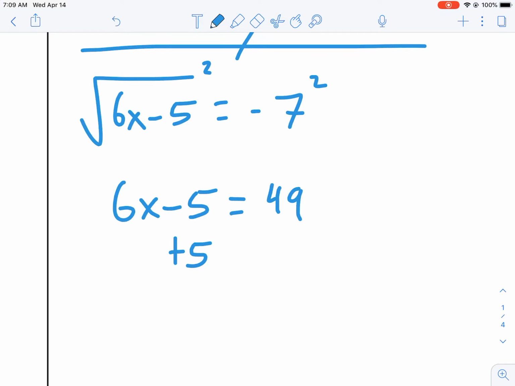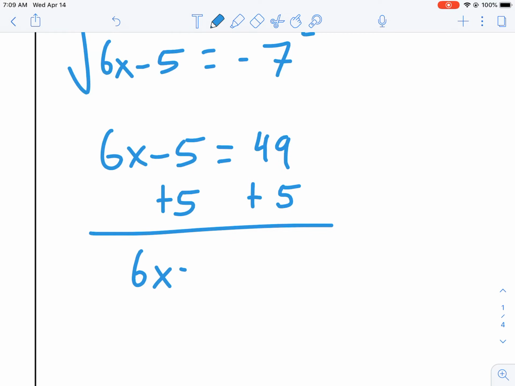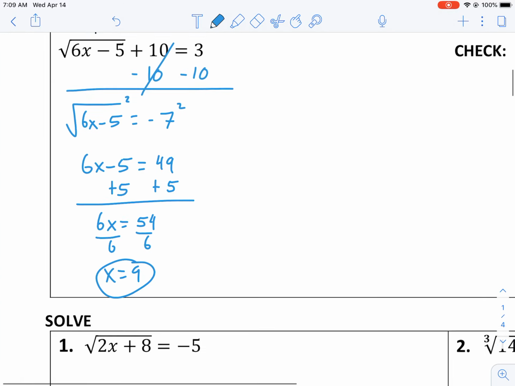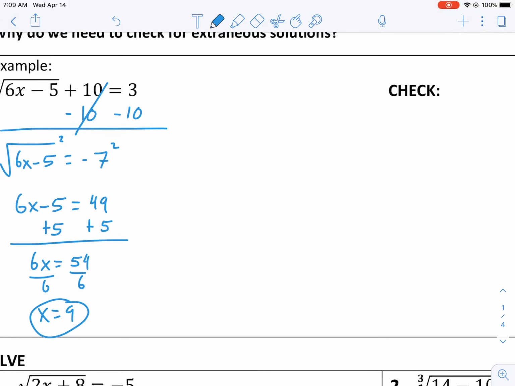Add 5. 6x equals 54, divide by 6, and we get x equals 9. So we got a solution here. We solved it, we did everything correct. Now let's plug it back in and see what happens.